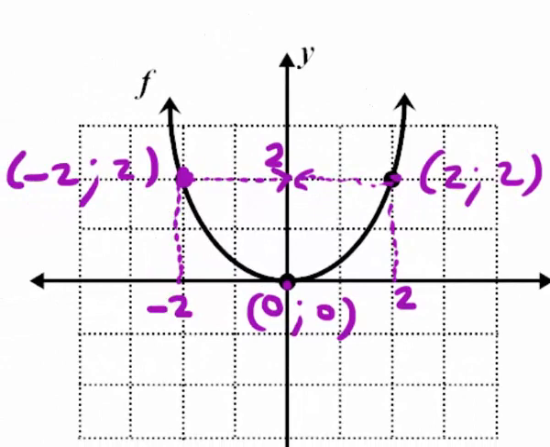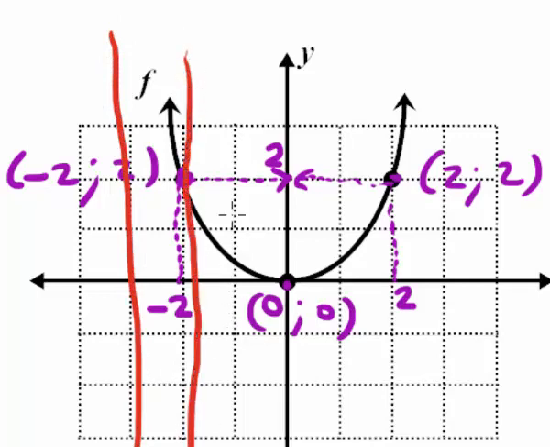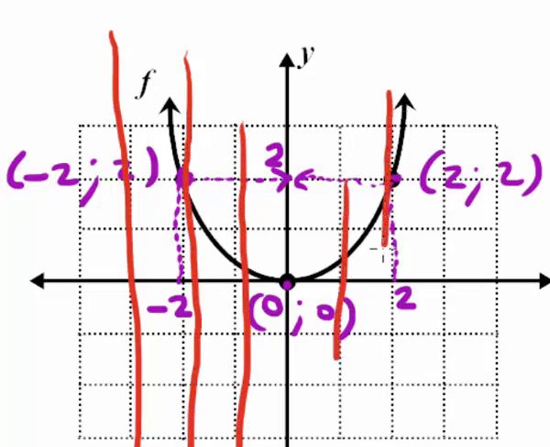If you use a little ruler, and this is quite a classic, if you take the ruler and you move from left to right, so you're going to come down like this. As the ruler moves, do you notice it only cuts the graph at one point? So as you move that ruler through the graph, it only cuts at one point. Do you notice that?